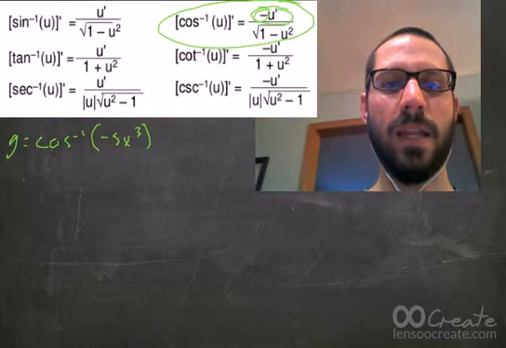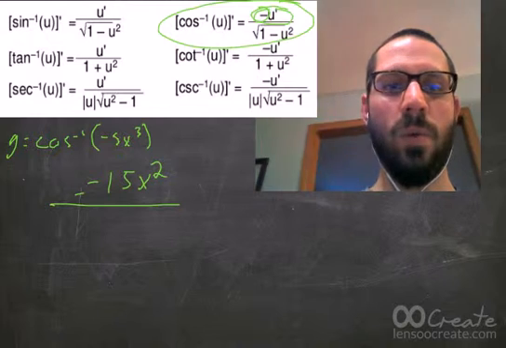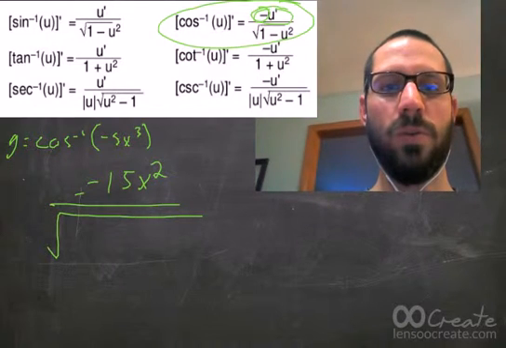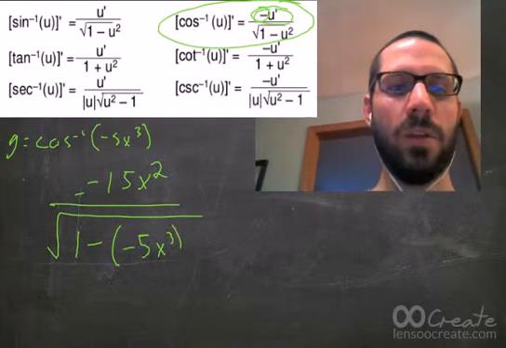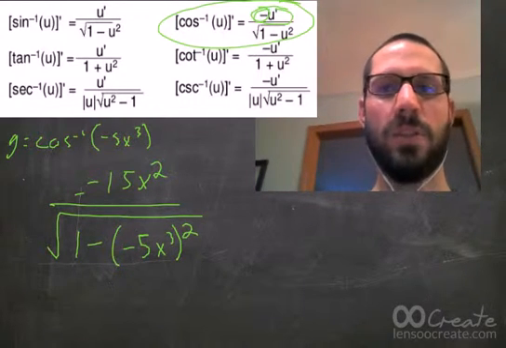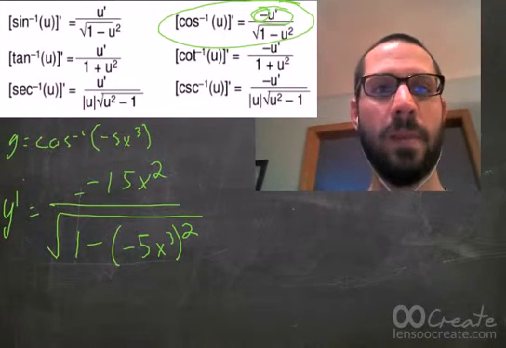But we're also going to put a negative on that. So it's going to be negative 15x squared over square root of 1 minus our u squared. And that's really all there is to it. This whole front page is just a matter of following the formulas. But we can do a few more.